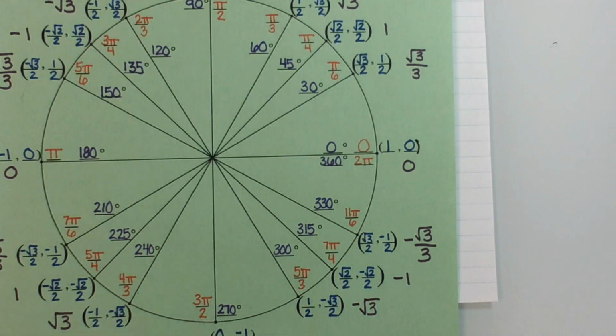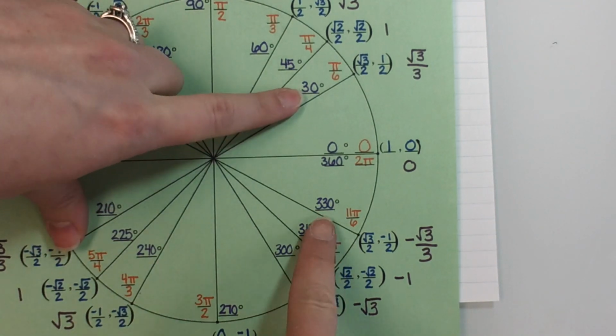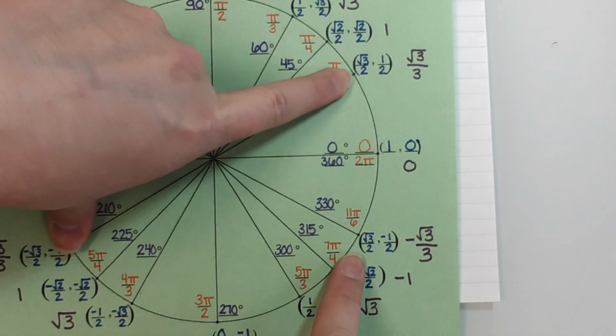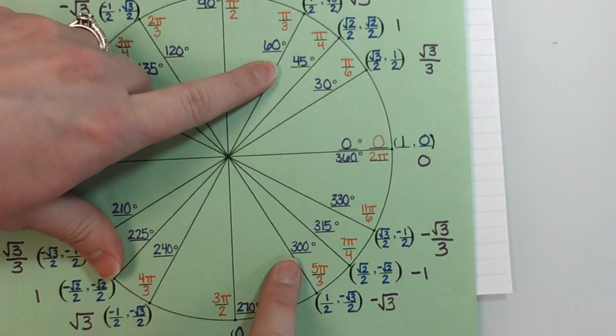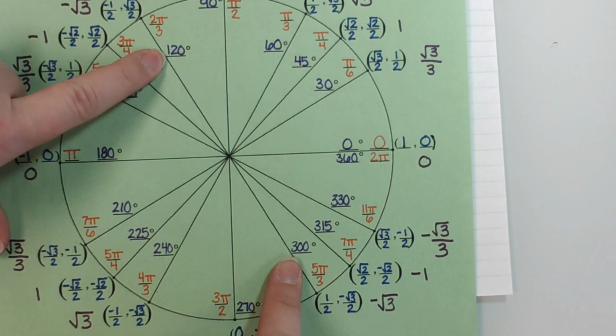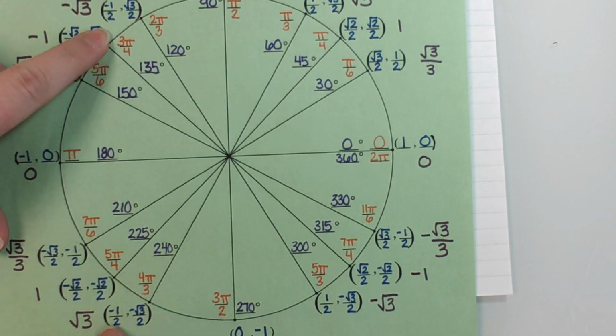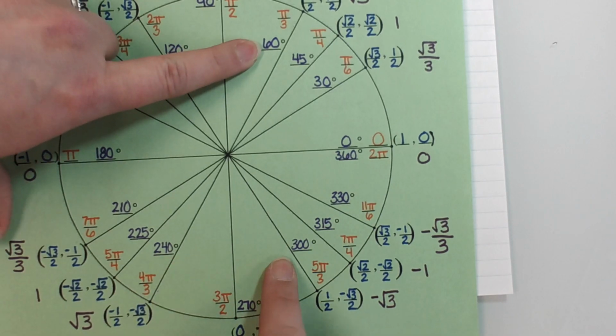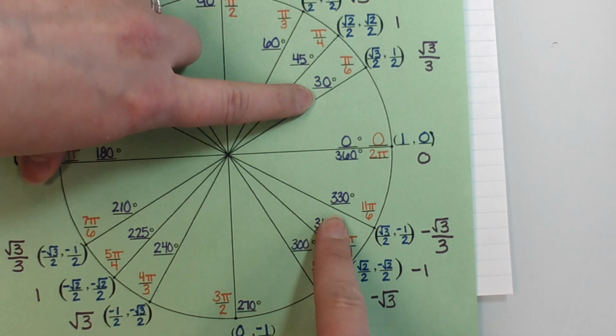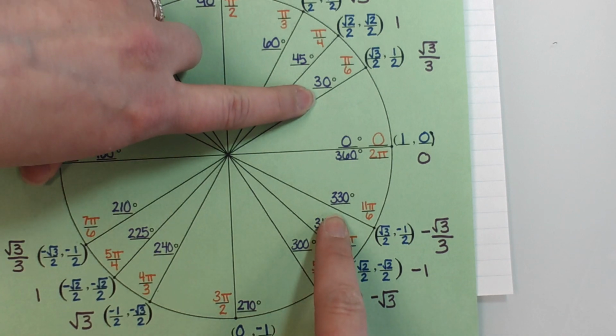For cosine to have the same result, it would be like a 30 and a 330 degree angle. Both have square root of 3 over 2. Or a 60 and a 300. Or a 120 and a 240. Both have the same thing for cosine. Do you notice the relationship in these pairs? 120, 240, 60, 300, 30 and 330.